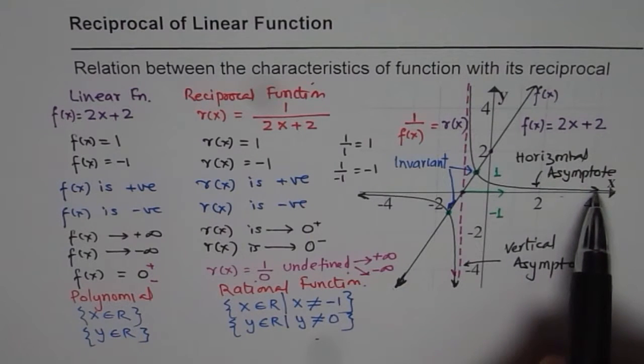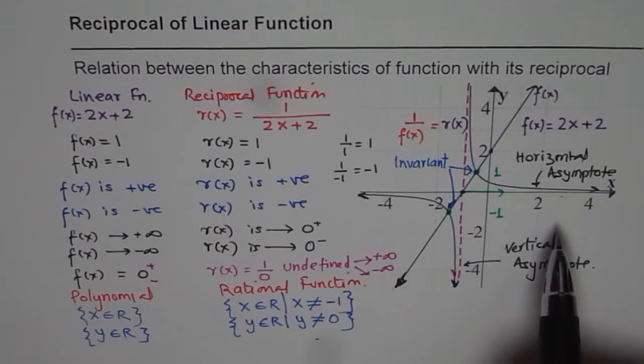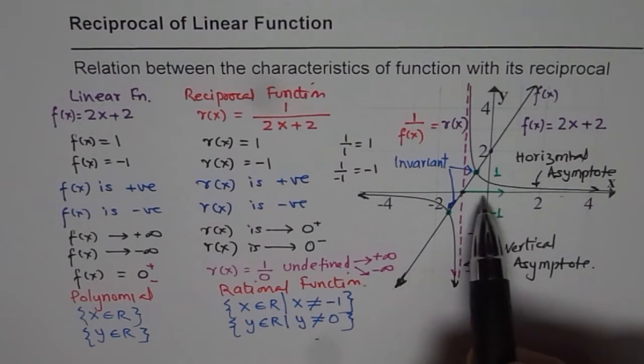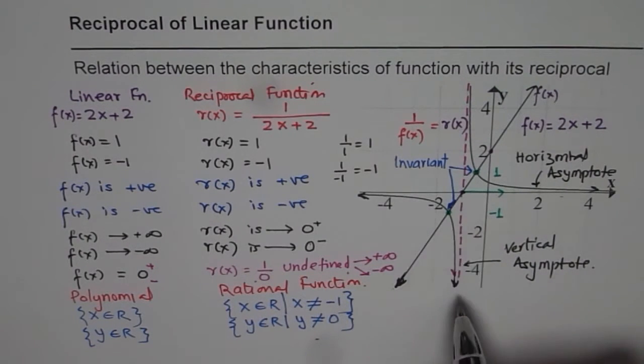In this case it is approaching 0. Then we call that a horizontal asymptote. But when the function is approaching 0, at that time the reciprocal function is approaching infinity, and that results in a vertical asymptote. The reason is 1 over 0 is not defined, correct?